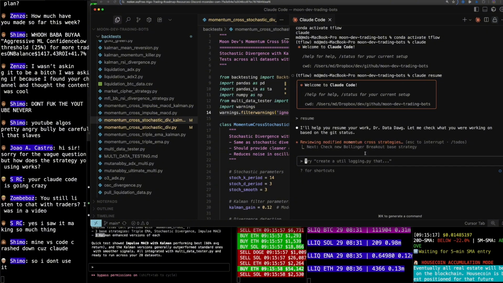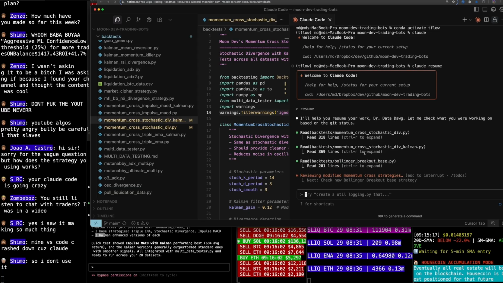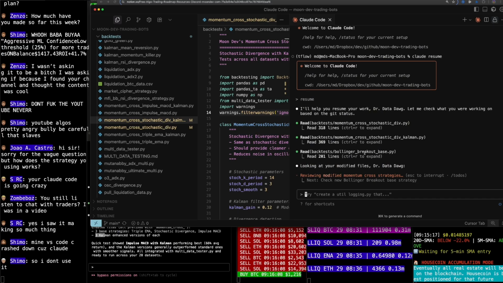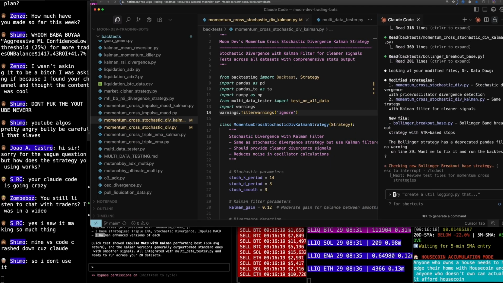Modified momentum strategies. My VS Code crashed because of Claude. Yeah, mine just did too. That's crazy.